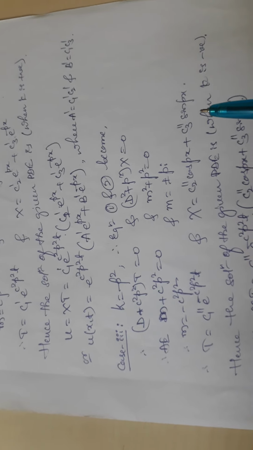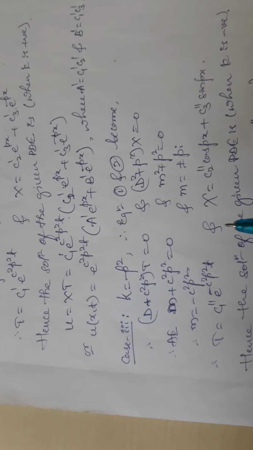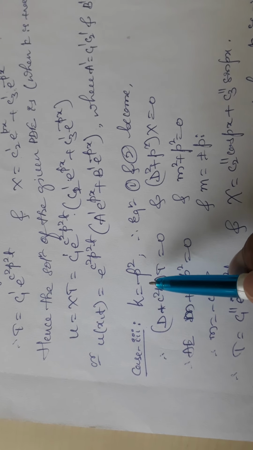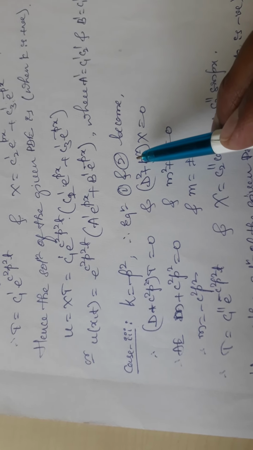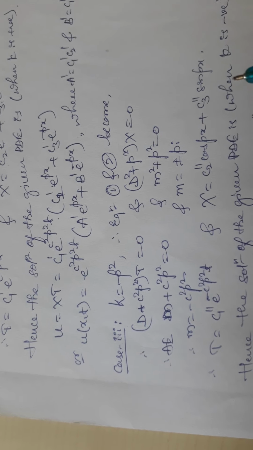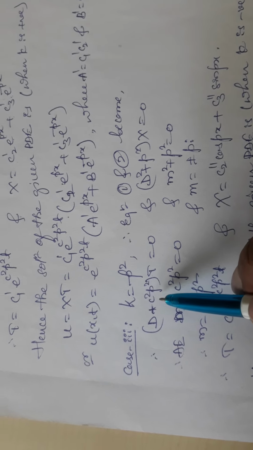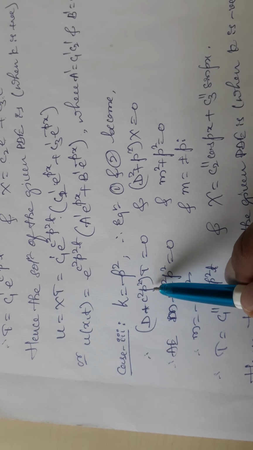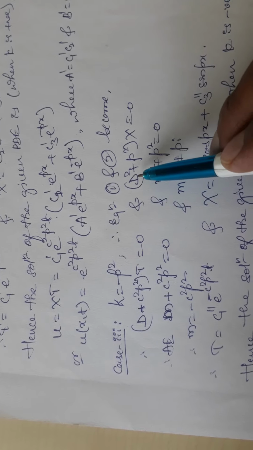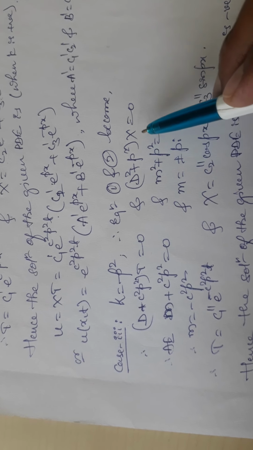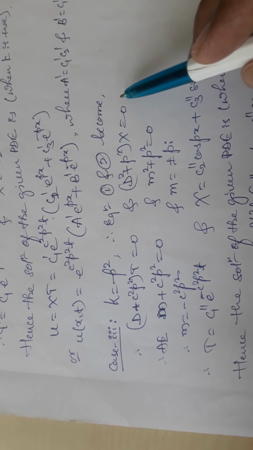Now consider the third case, when k is negative, that is k equal to minus p squared. Therefore equation 1 becomes (D plus c squared p squared) T equal to 0, and the second equation (D squared plus p squared) X equal to 0.